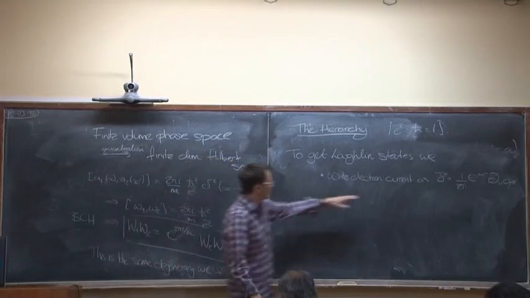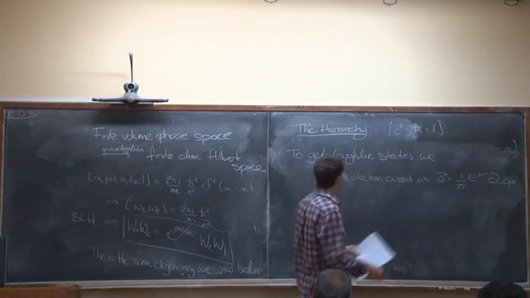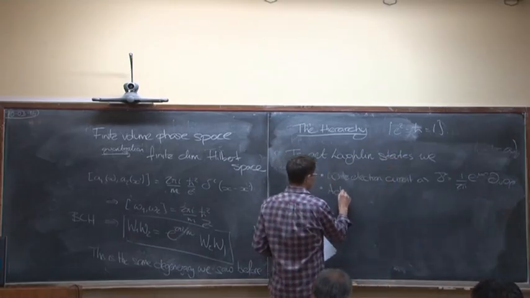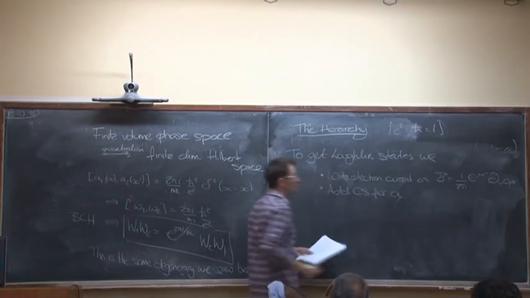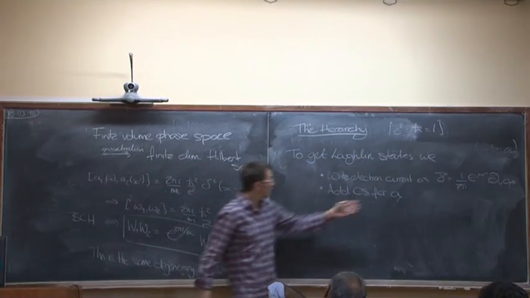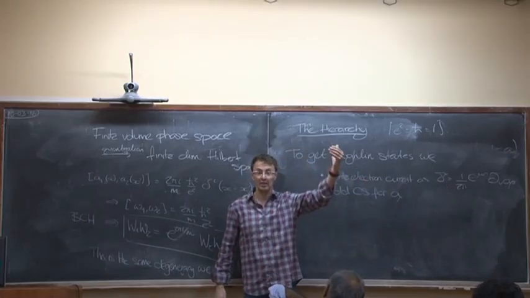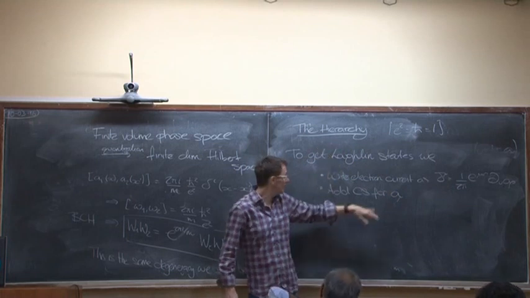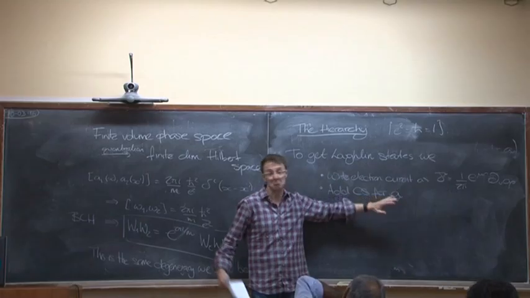And so we wrote the electron current in terms of this new emergent gauge field. And then we added a Chern-Simons term that we knew. The fact that the electron current is given by this tells us there's a mixed Chern-Simons term, capital A mixing with little a. And then this determined the level of the Laughlin state.